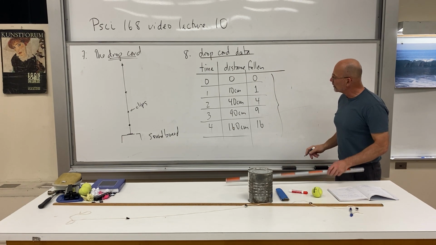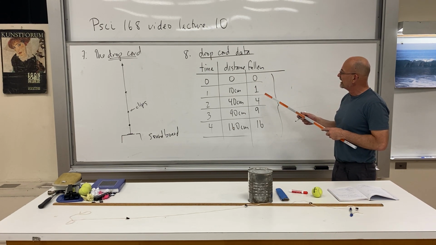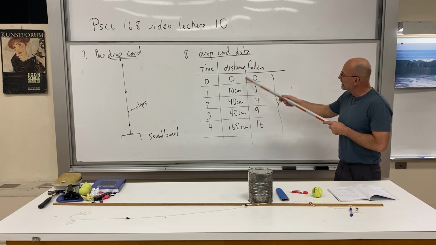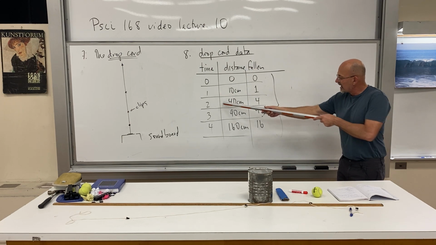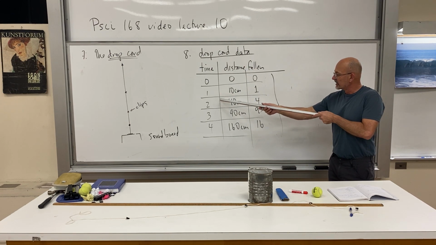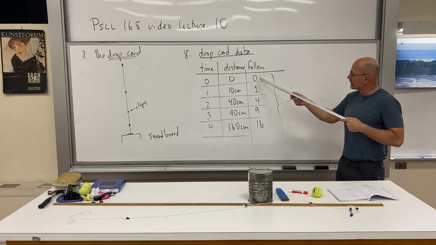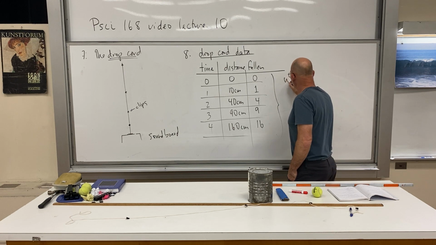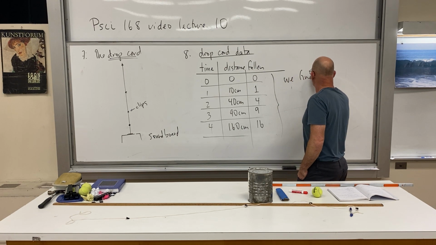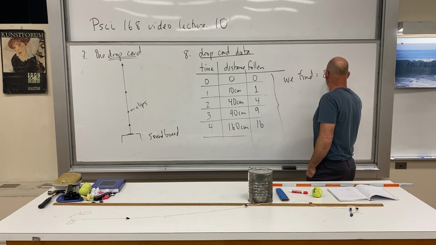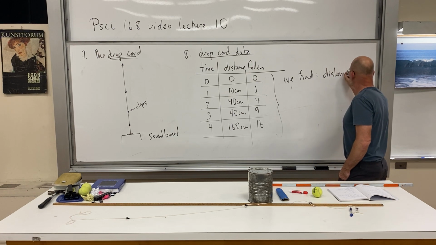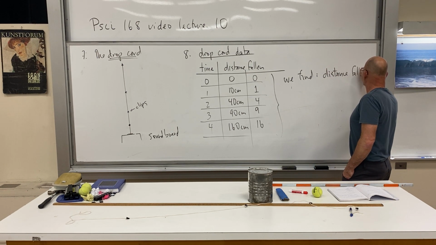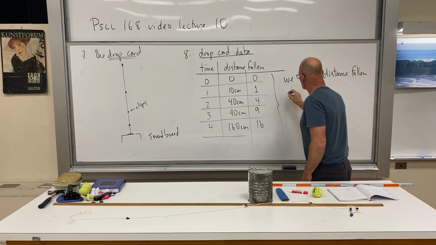And the law that we see here is that the distance fallen goes as the time squared, okay? Because 0, 1, 2, 3, 4, 0, 1, 4, 9, 16. So we find distance fallen is proportional to the square of the time.